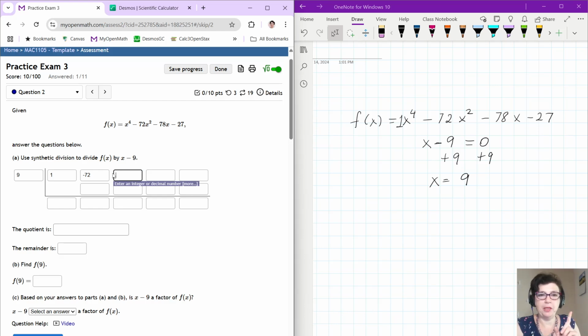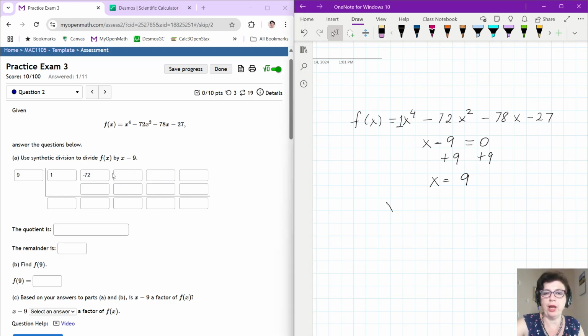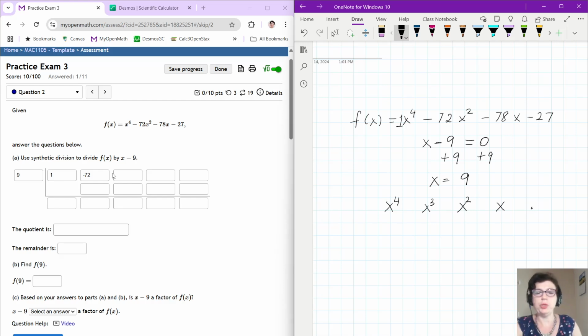Okay, I just made a mistake. If you are listing the numbers, remember that you have to have some number for x to the fourth, some number for x to the third, some number for x squared, some number for x, and just a number. Notice how there was no x cubed. So if I put negative 72 here, that would correspond to x cubed, which is not correct.